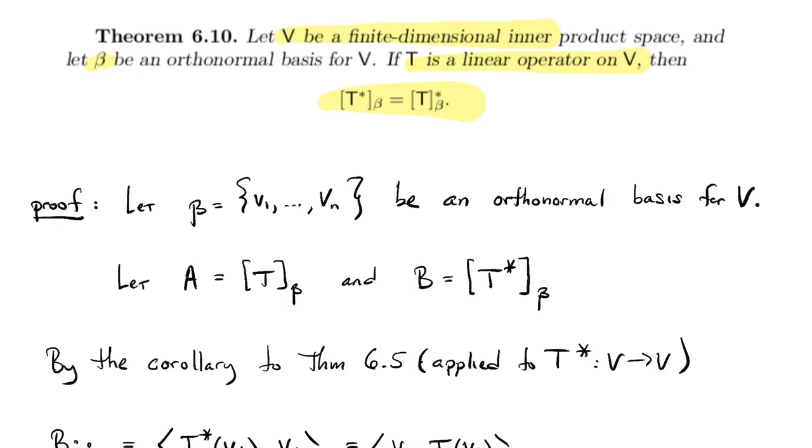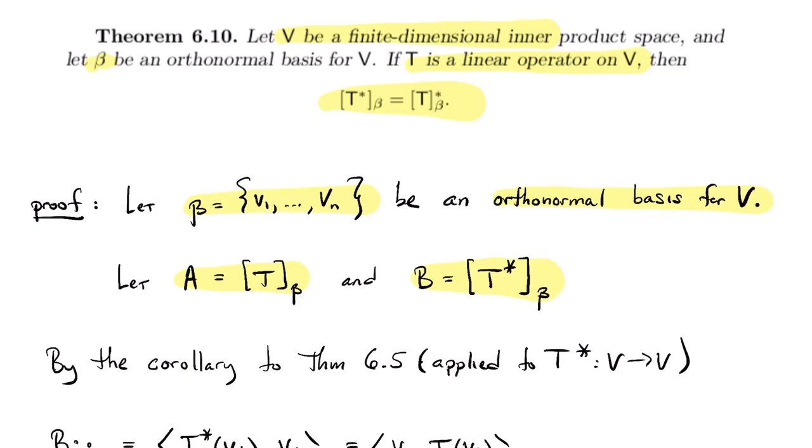To prove it, let beta denote our orthonormal basis for the inner product space V. For shorthand, let the matrix of T in the beta basis be called A, and the matrix for the adjoint operator be called B. What I'd like to show is that B is equal to A star.